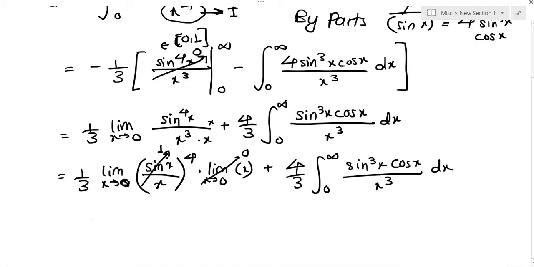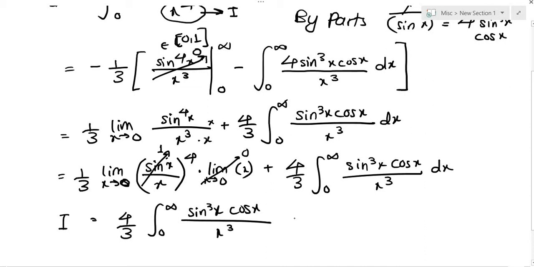So 0 times 1 times 1/3 is going to be 0. So 0 plus this other integral, so you can ignore the 0. We just have I is just 4 by 3 times the integral from 0 to infinity of sine cubed of x times the cosine of x divided by x cubed dx.